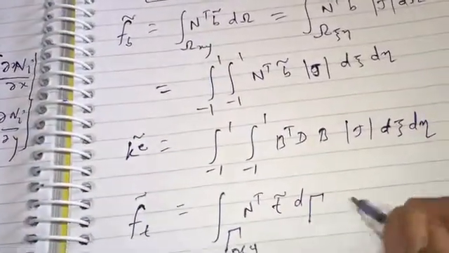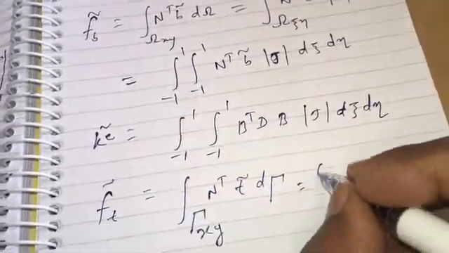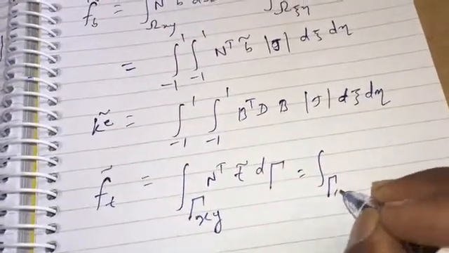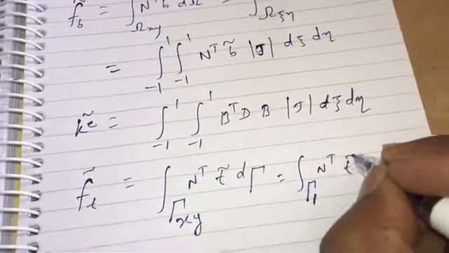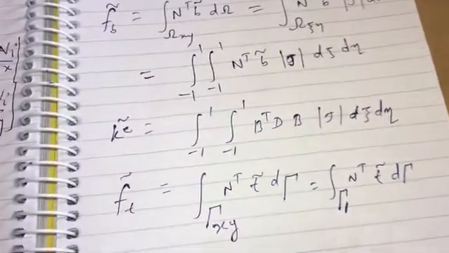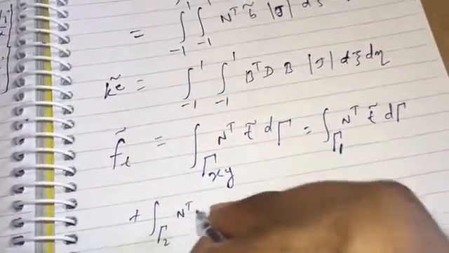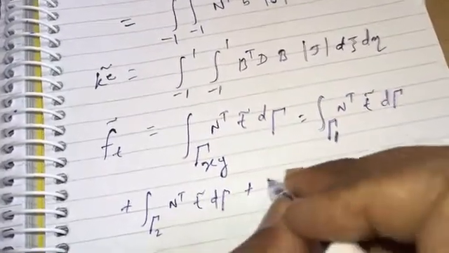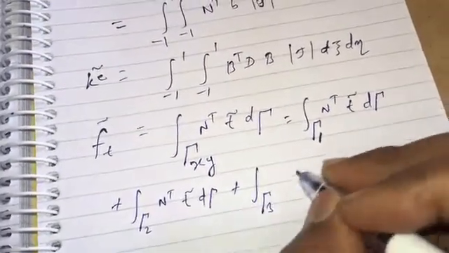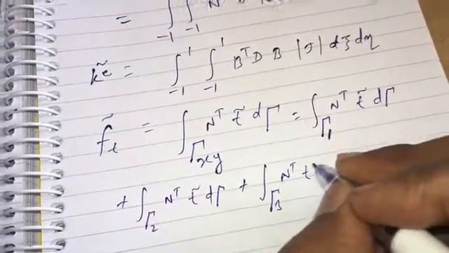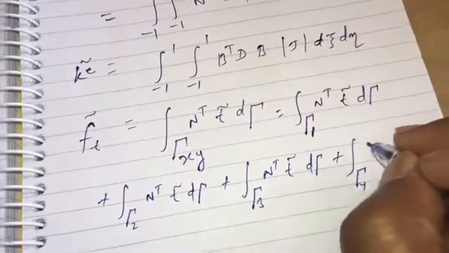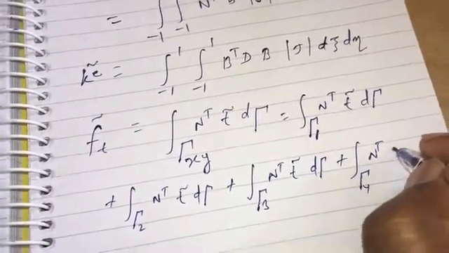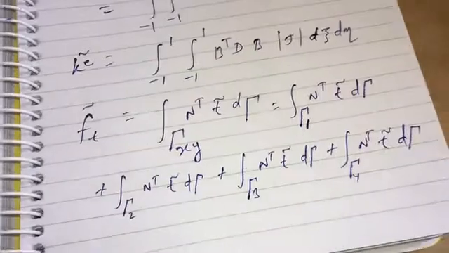So we can write it as: this is gamma 1, N transpose t d gamma, plus gamma 2 N transpose t d gamma, plus gamma 3 N transpose t d gamma, plus gamma 4 N transpose t d gamma.